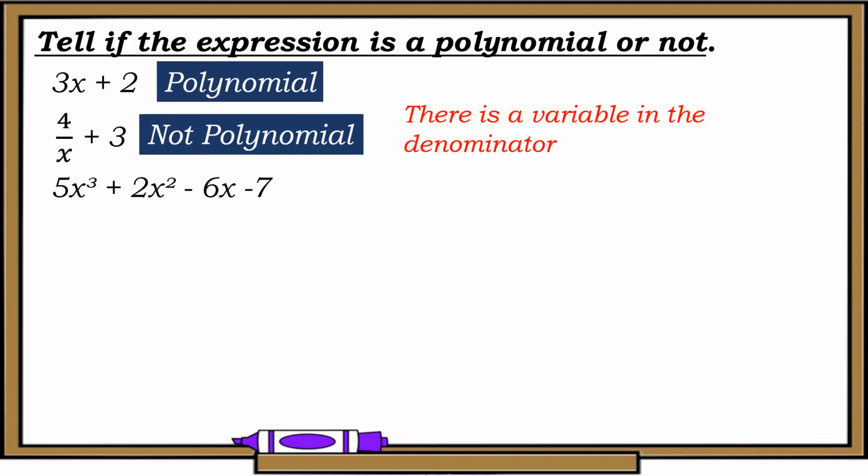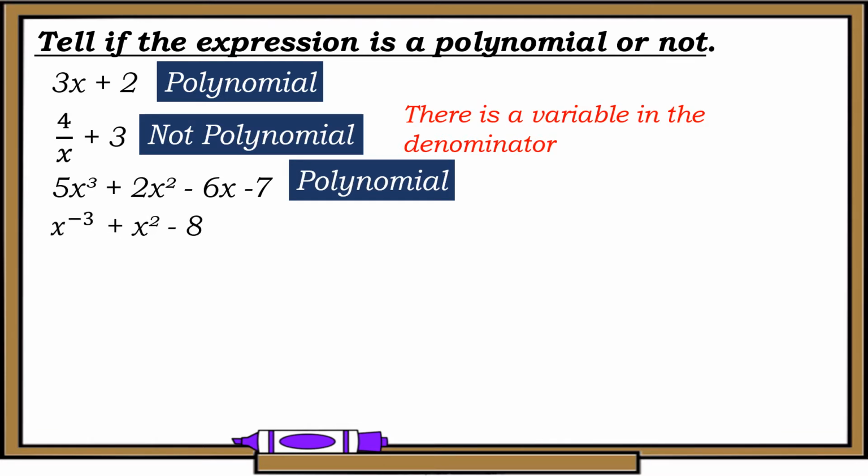5x cubed plus 2x squared minus 6x minus 7. Is this a polynomial or not? This is a polynomial. X raised to negative 3 plus x squared minus 8.